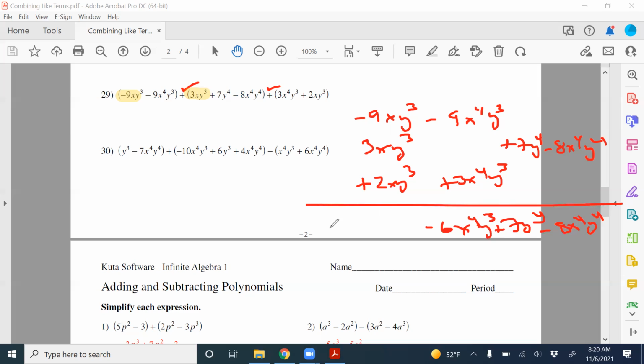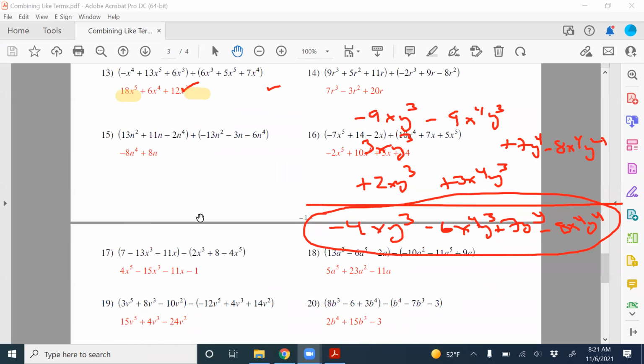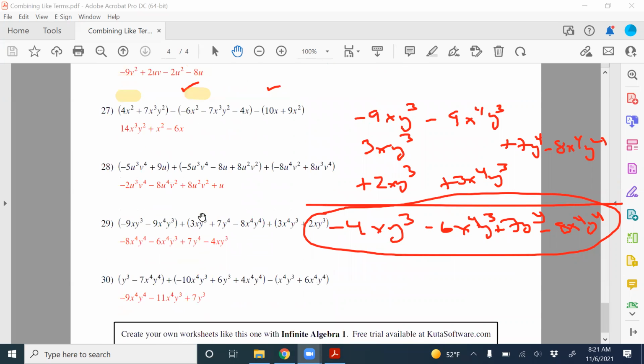Negative 6 and 2 is negative 4xy^3. So you're not really changing the variables at all. You're just combining the coefficients that have identical variables to other groups. And again, you can check the answer key. They write it in a little different order, but not a big deal. But notice that they have negative 8x^4y^4, 7y^4, negative 6x^4y^3, and then of course finally negative 4xy^3.